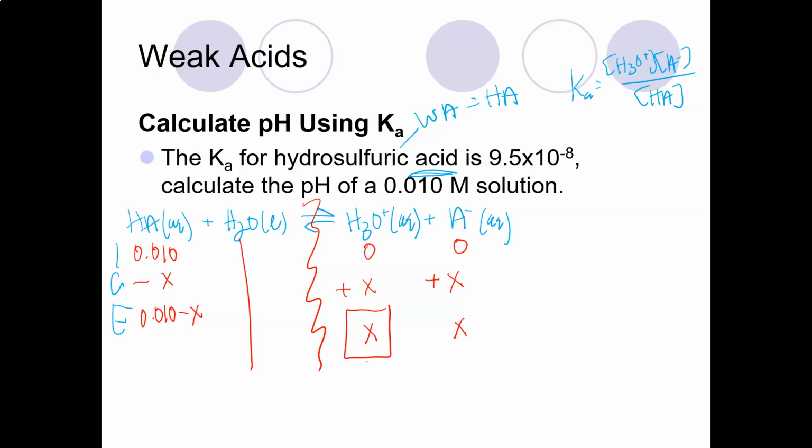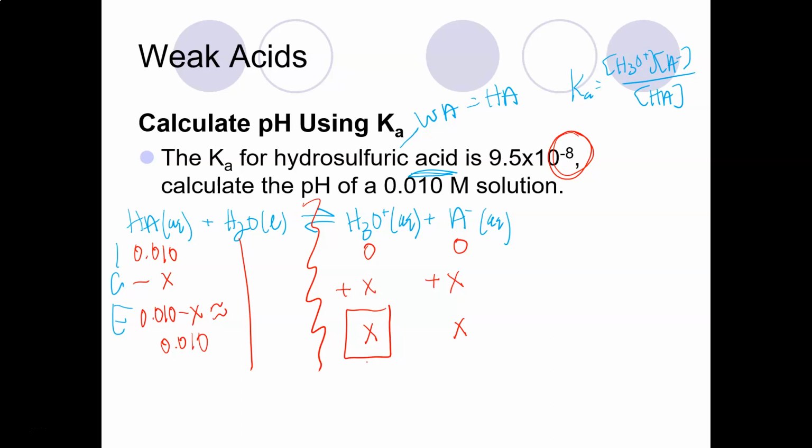So what I would like you to do is to check to see if you can use the shortcut. That's a -8. So our shortcut says if it's times 10 to the -8 or smaller. So what that shortcut means is we're going to get rid of trailing x's. So from now on, the equilibrium concentration of HA, we're just calling 0.010, not 0.010 minus x.